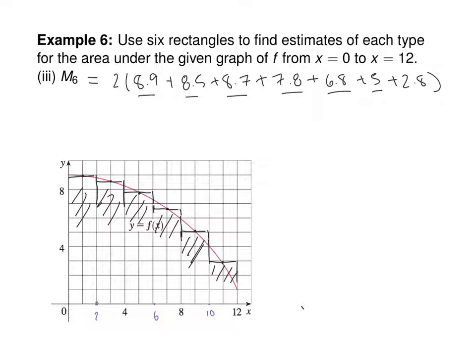Oh shoot, there are 7. There shouldn't be 7. Did I double something up? The 8.7 shouldn't be there. Cross it off. I took it from the problem above. Transposed 7.8, made 8.7. And there should be 6 of them. Yep. Because you have 6 boxes, you should have 6 heights. The delta x didn't change, did it? The width is still 2.